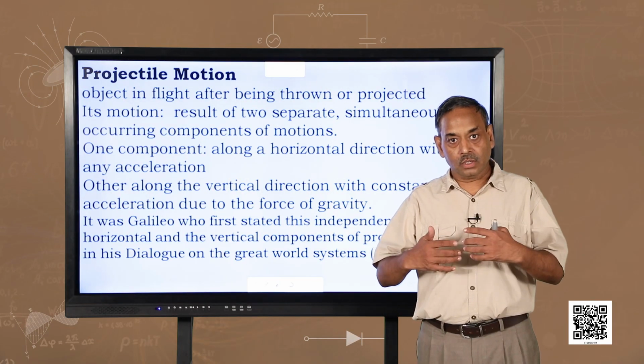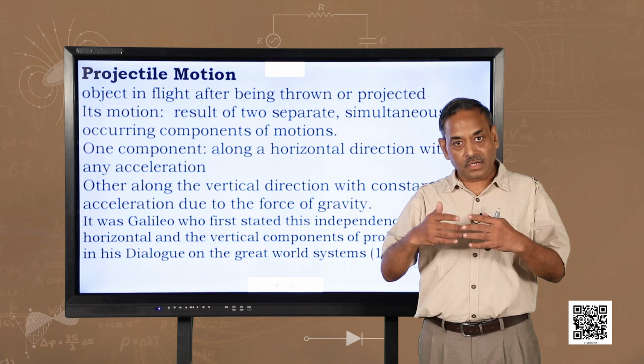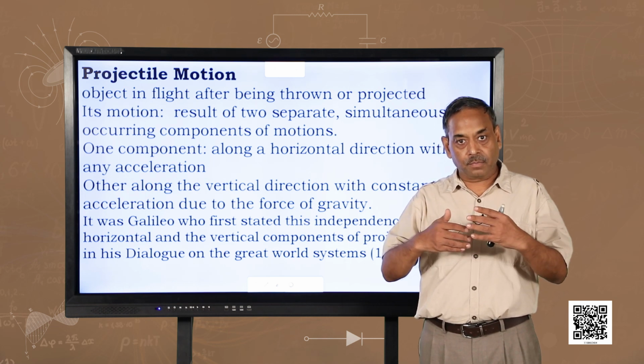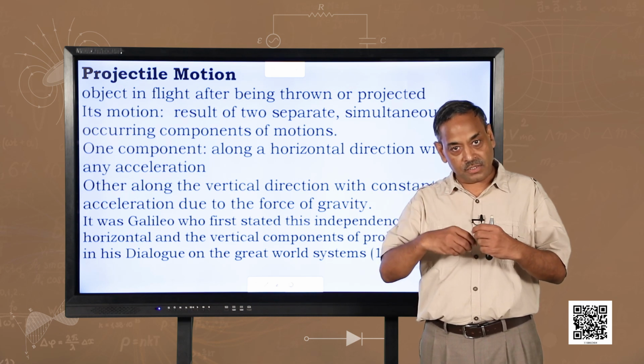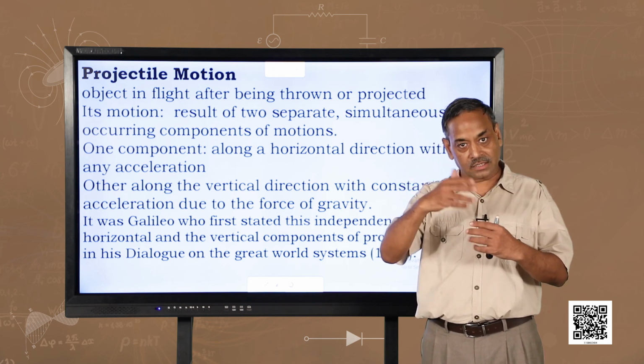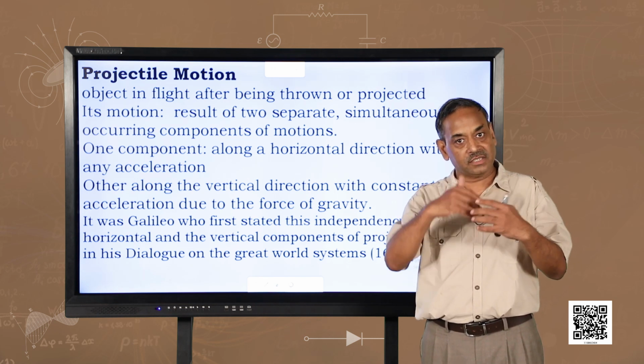Now let us do a practical example of it, that is projectile motion. What is a projectile? An object which changes its position in a plane and which is thrown in a direction making some angle with the two axes is called a projectile, which remains in the air.